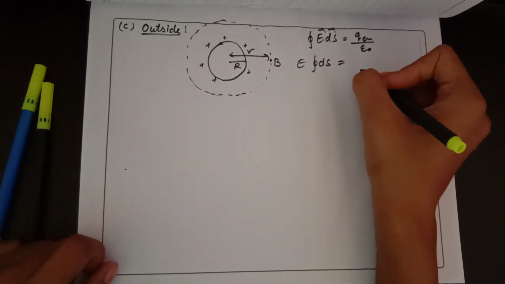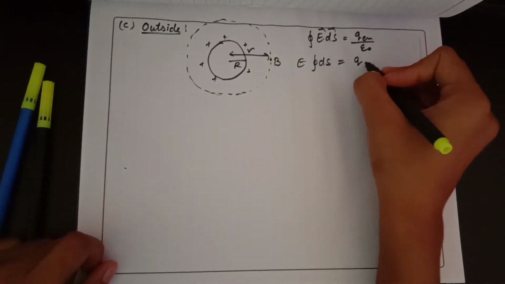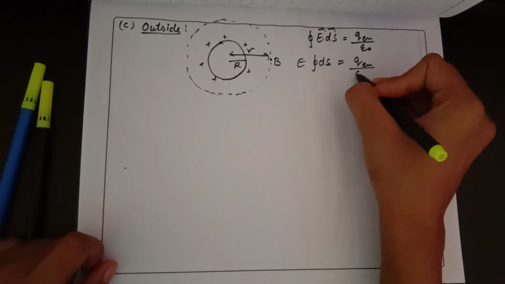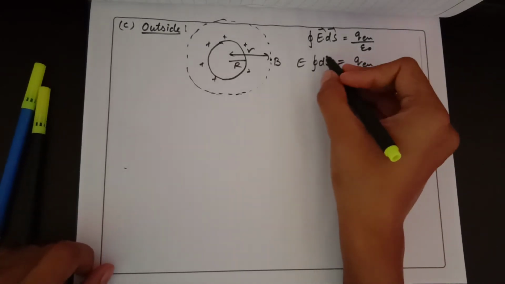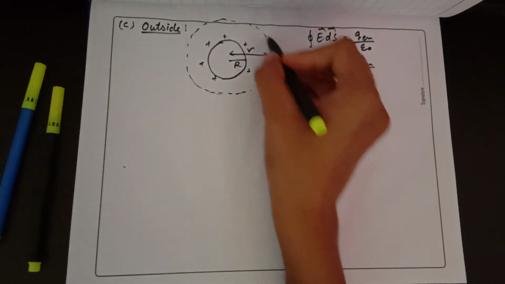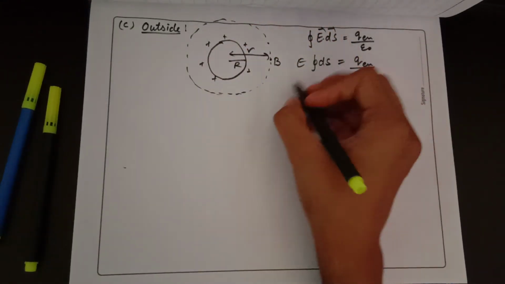And Q enclosed, I write it as Q only. Q enclosed divided by epsilon naught. So for this Gaussian surface, what is the value of ds?